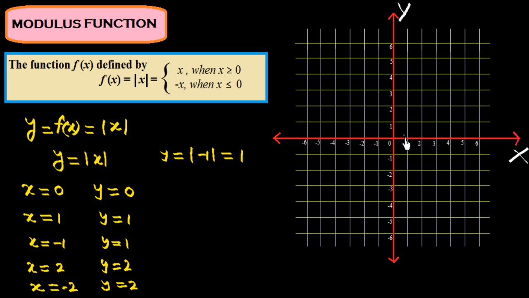So if you plot these points, we plot x is equal to 0, y is equal to 0. Then x is equal to 1, y is equal to 1 would be here. Then x is equal to minus 1, y is equal to 1 is here. And x is equal to 2, y is equal to 2 is here. And x is equal to minus 2, y is equal to 2 would be here.